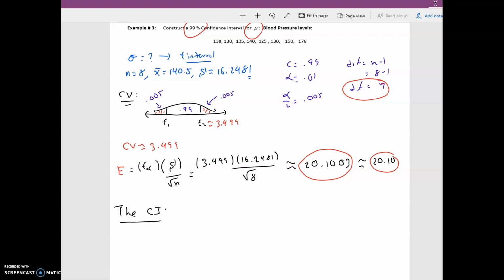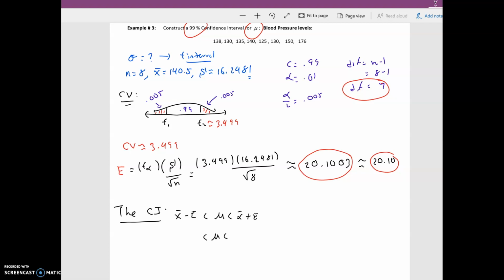So this is x bar minus the E less than mu less than x bar plus the E. And in this case, mu is going to be bounded by the following 2 values.